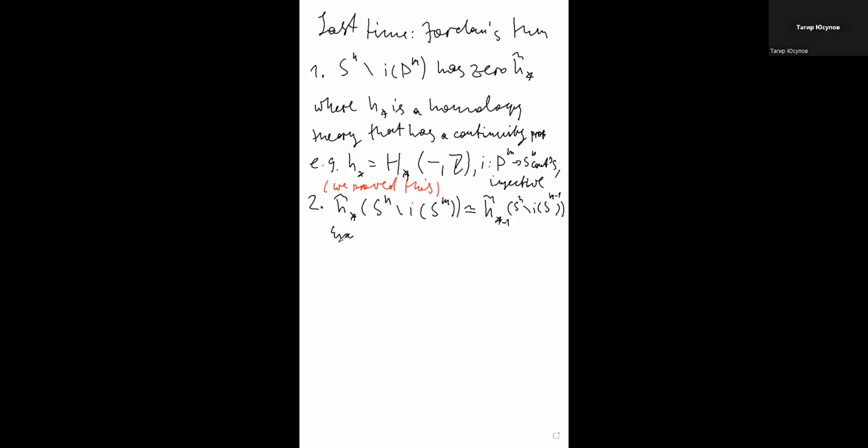For example, n equals 3, m equals 2, and h equals capital H. Then on the left we have Z in degree 0, and on the right we have Z in degree 1.